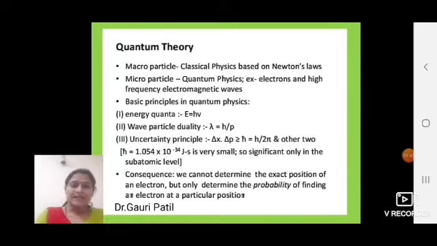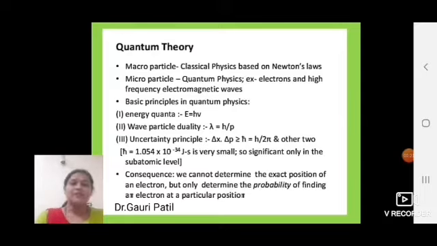Classical physics is based on Newton's laws and deals with the study of macroscopic phenomena, while quantum mechanics is the study of the electron and high frequency electromagnetic waves, which deals with microscopic phenomena. This is the major difference between quantum mechanics and classical mechanics.